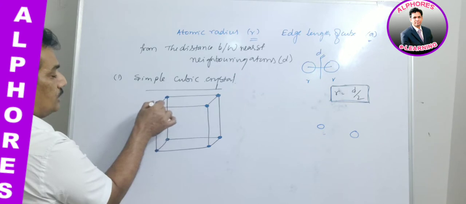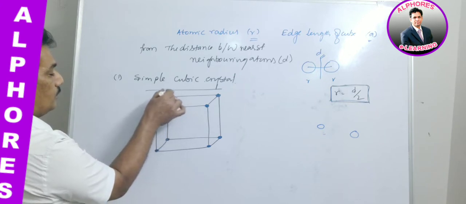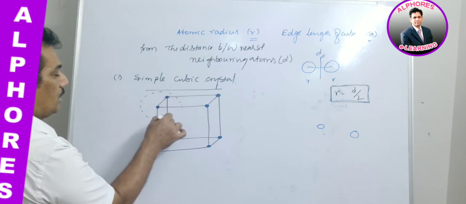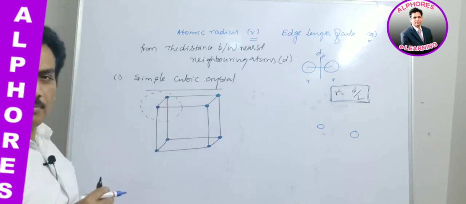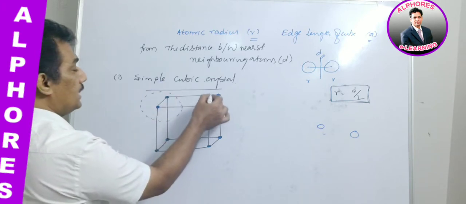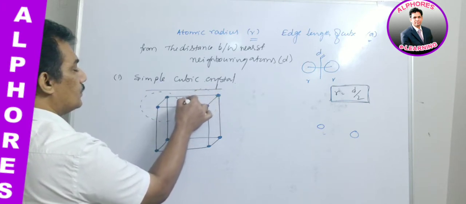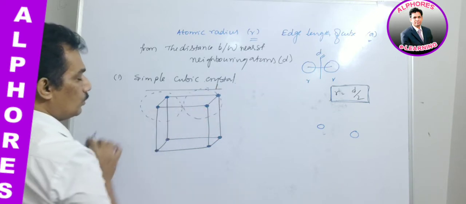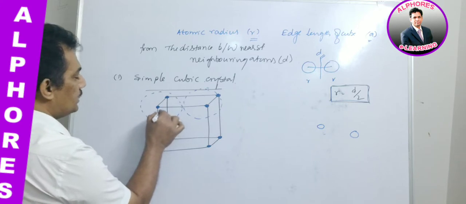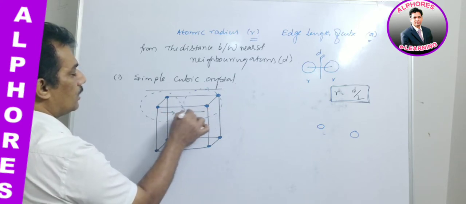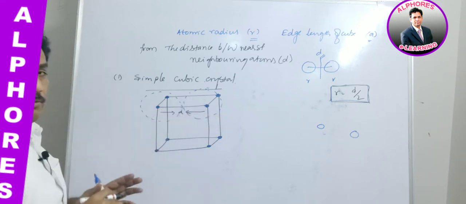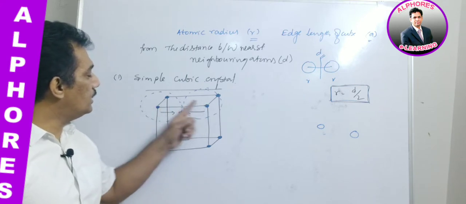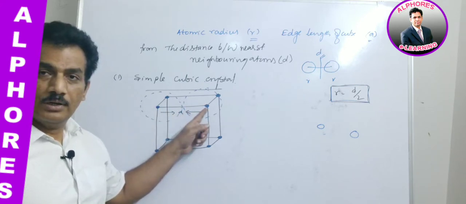This is the atom, one atom at the corner like this, and this is another atom around this corner. So between these two corners the distance is A, is it not? Because it is edge length. From this corner to this corner it is edge length. Clear?